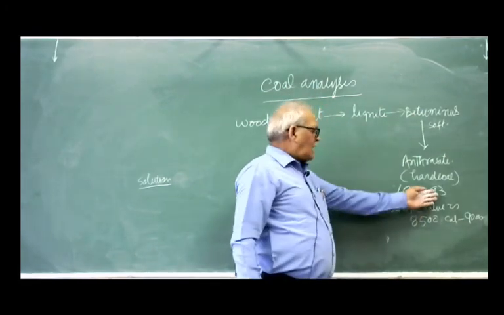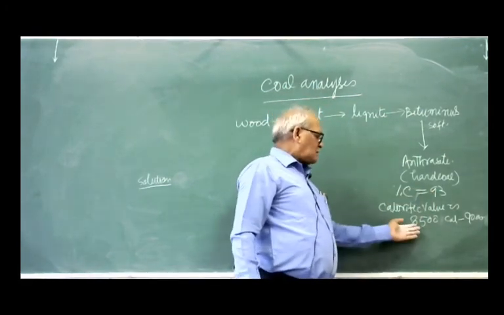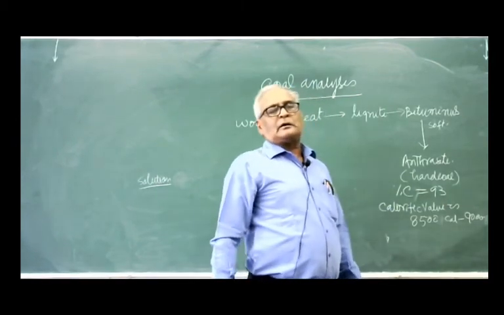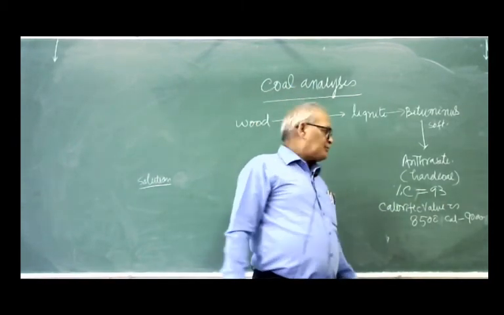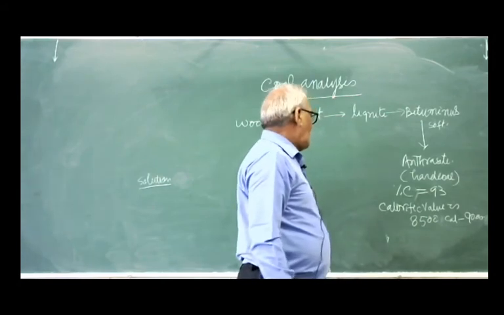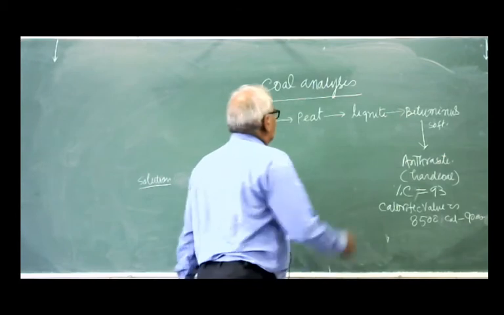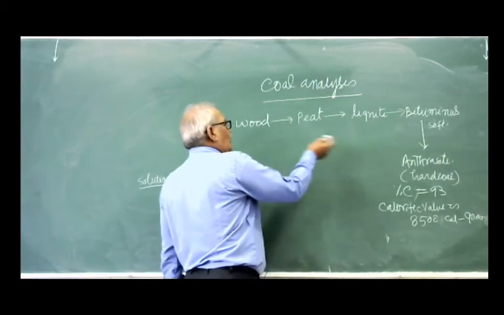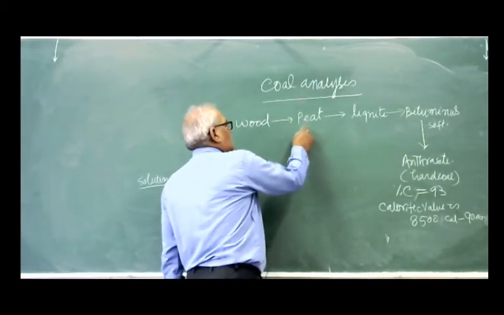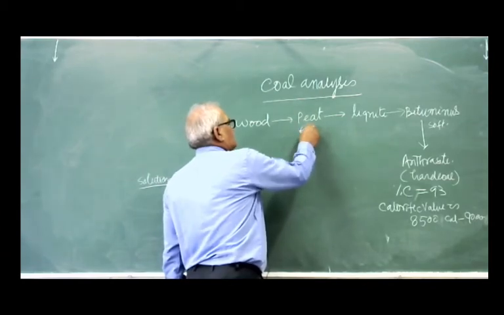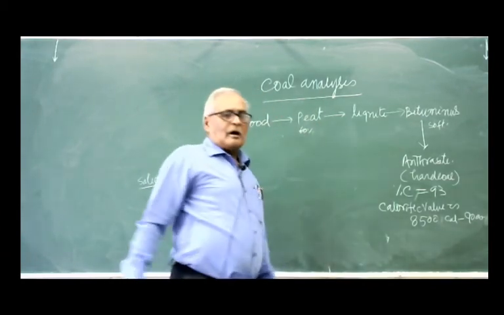So just see here, 93% carbon, highest heat producing coal sample. In peat, you will find the percentage of the carbon is very low, near about 60%.